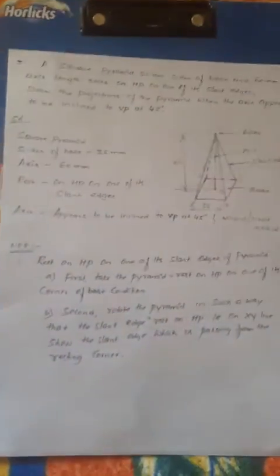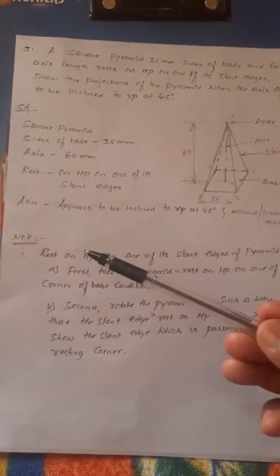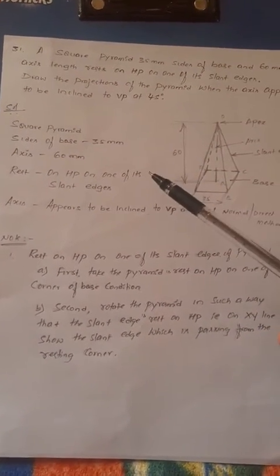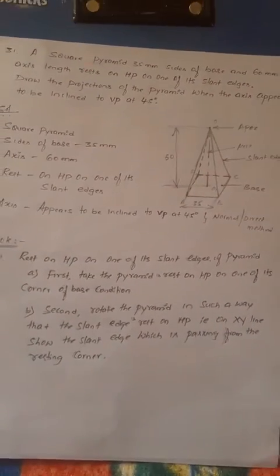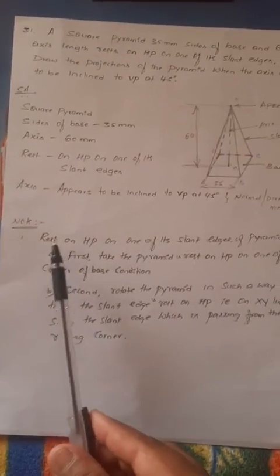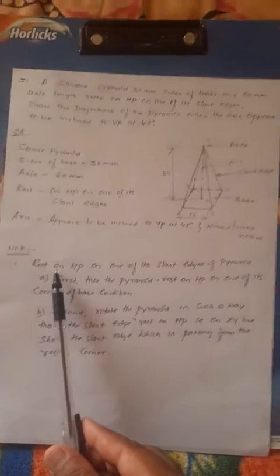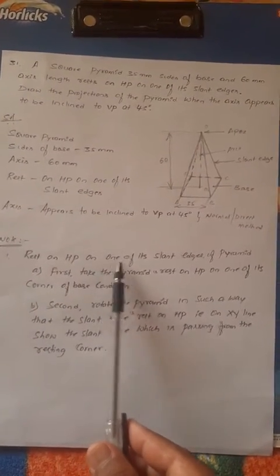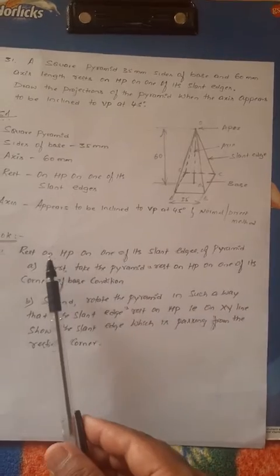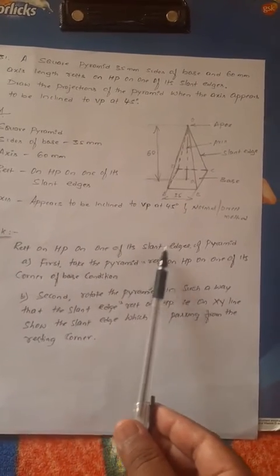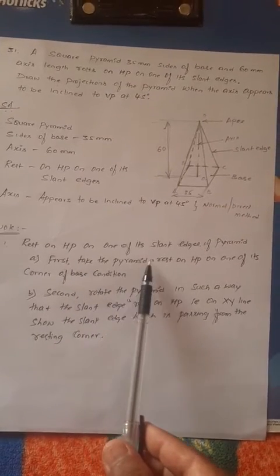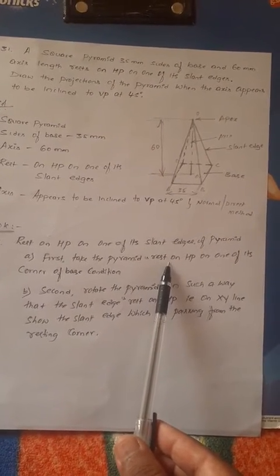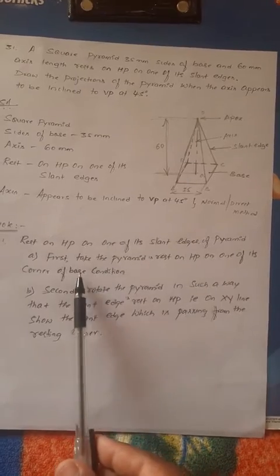Clear the concept? Now how to draw this? First remember these points. When the pyramid rests on HP on one of its slant edges, remember this note. What we will do: first take the pyramid resting on HP on one of its corners of the base.